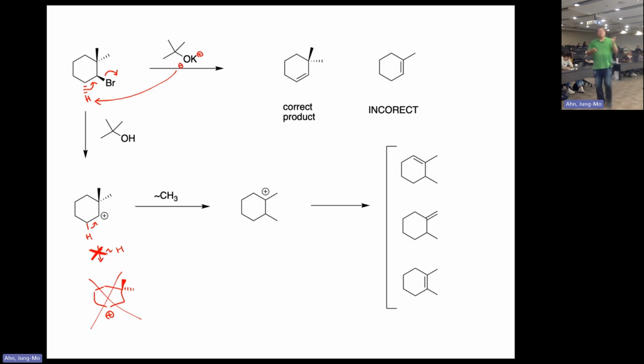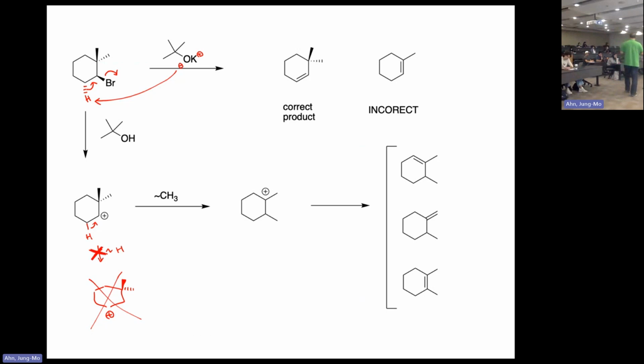From the most stable carbocation, in E1 elimination you can lose a hydrogen and make a double bond here. That is this product. If you lose a hydrogen from the methyl group, you make a double bond over here. If the hydrogen comes off that carbon, you make that one. So multiple double bonds can form.